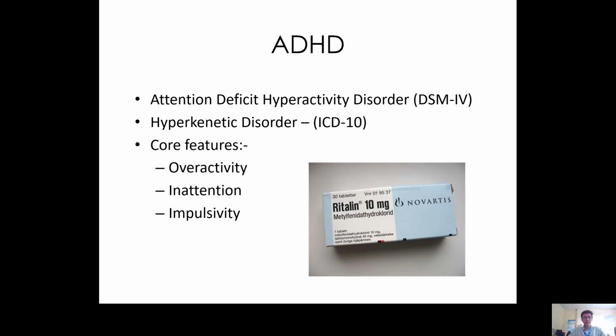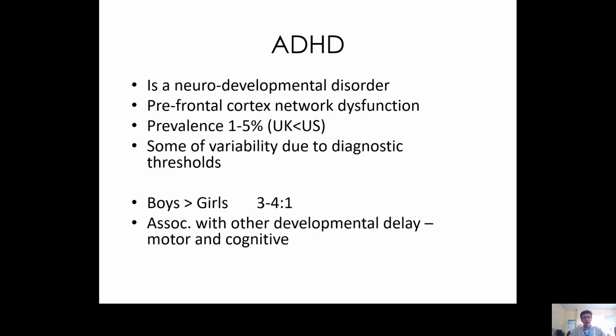This is a neurodevelopmental disorder, and the thinking is that the prefrontal cortex, which manages our emotional state and helps us to keep a lid on things, quite literally, isn't talking well enough to some of the primitive areas of the brain, the sort of fight and flight mechanisms, and so kids will act very impulsively and sometimes aggressively.